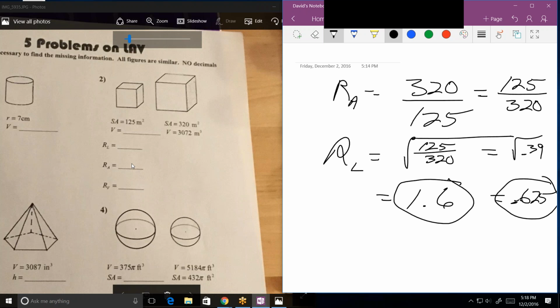When you're going big to little, you're always taking square roots of positive numbers greater than 1. When you're going little to big, you're taking the square roots of numbers that are less than 1, which is always stranger, because when you take the square root of 0.39, notice your answer is a bigger number. It's 0.625.